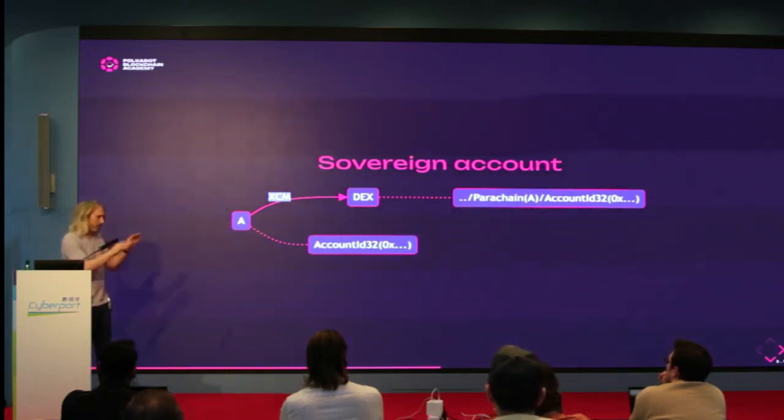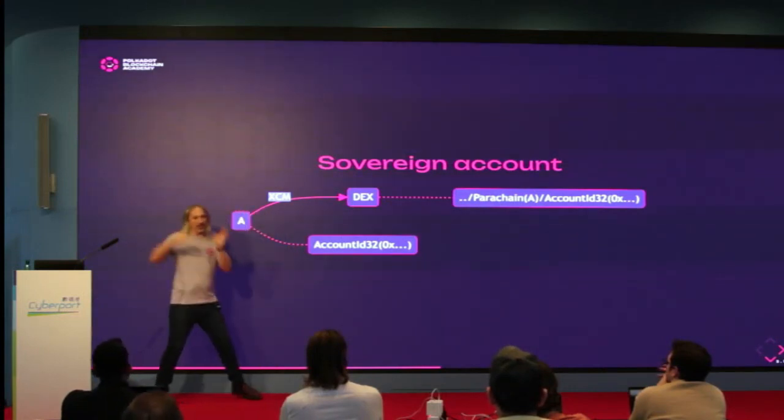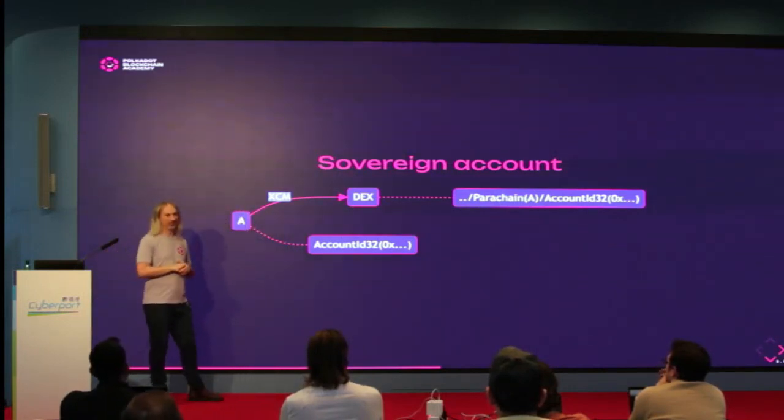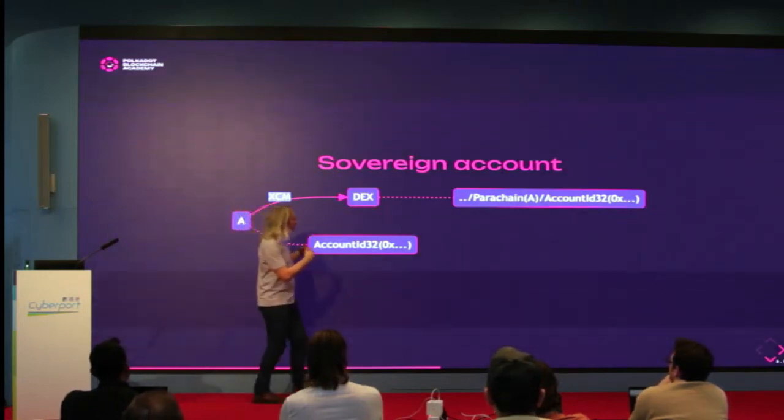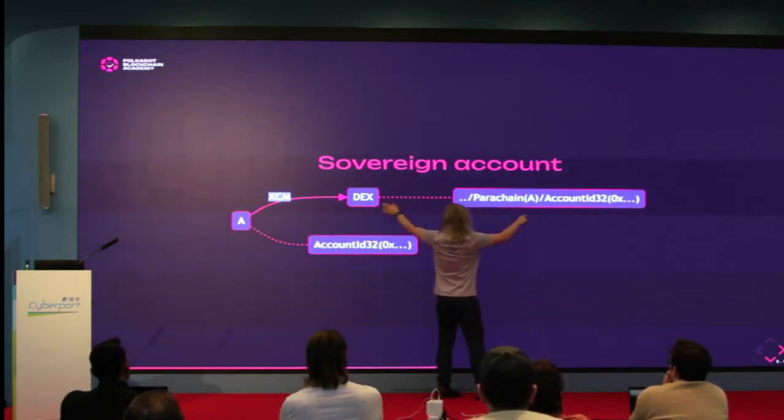So it's like whatever origin you think the message is coming from, well, actually, it's coming from this account ID 32 under that.